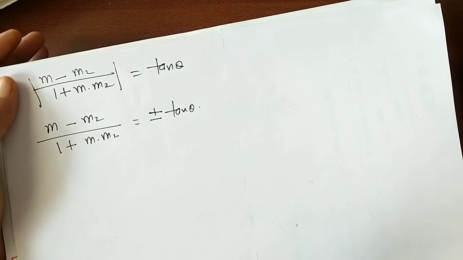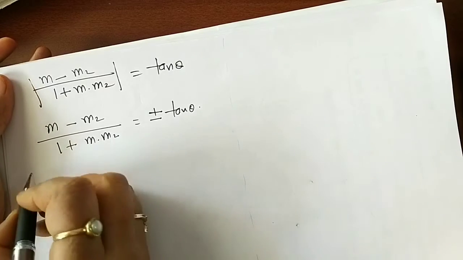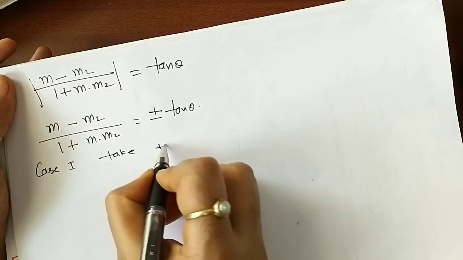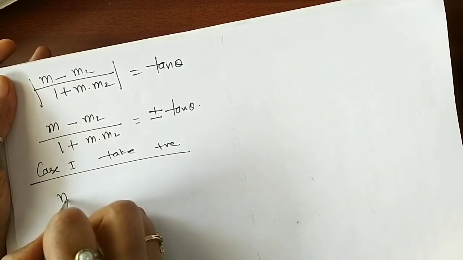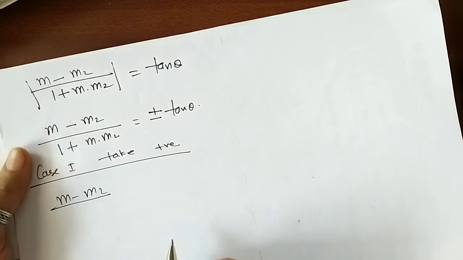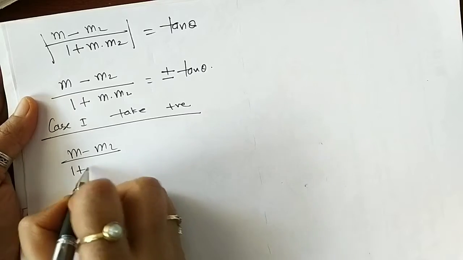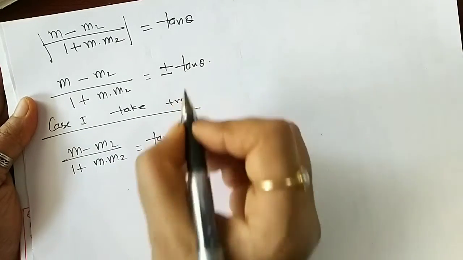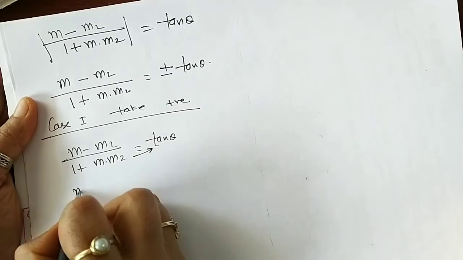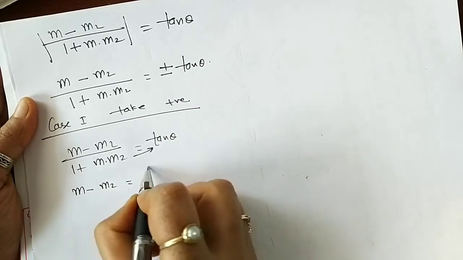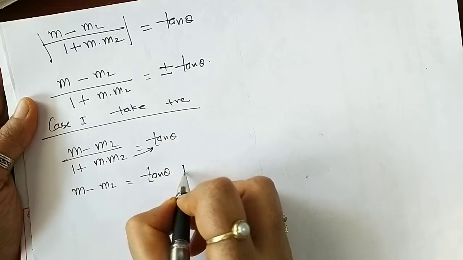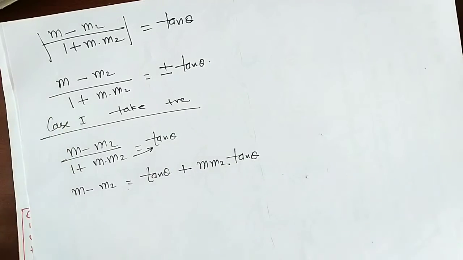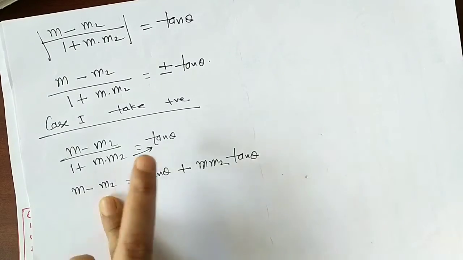Here there will be two cases. The first case is to take the positive sign. So m minus m2 by 1 plus m into m2 is tan theta. I am taking plus. So m minus m2 is tan theta plus m into m2 tan theta. My aim is to calculate m2.